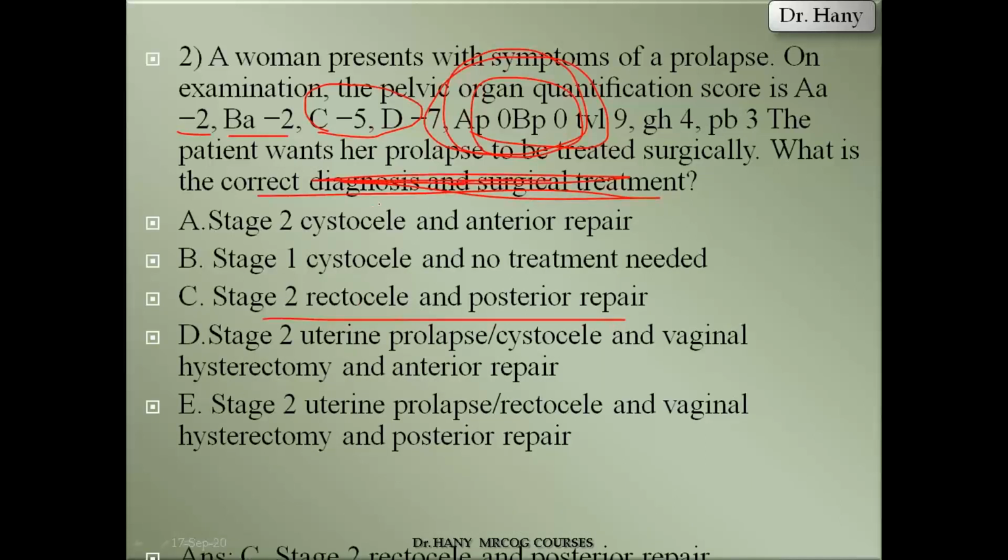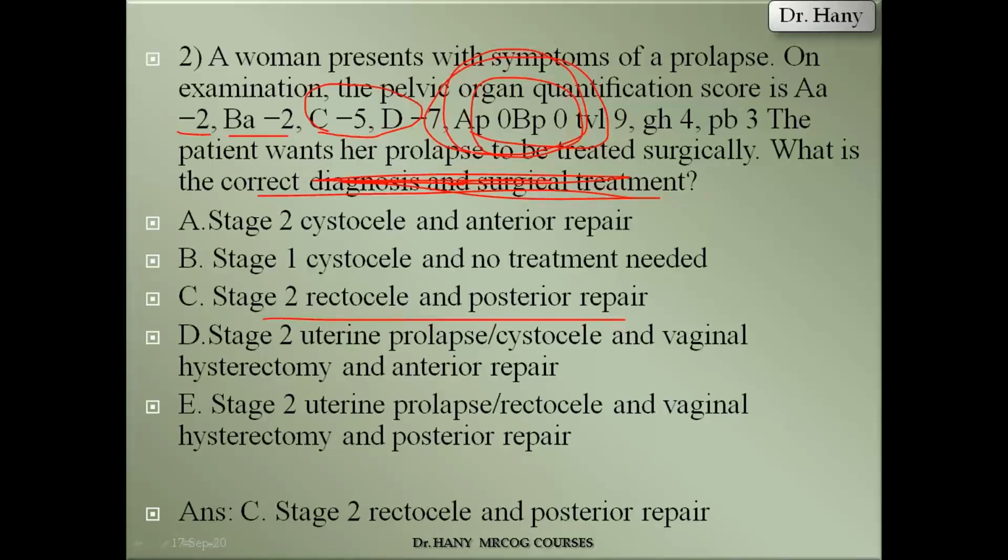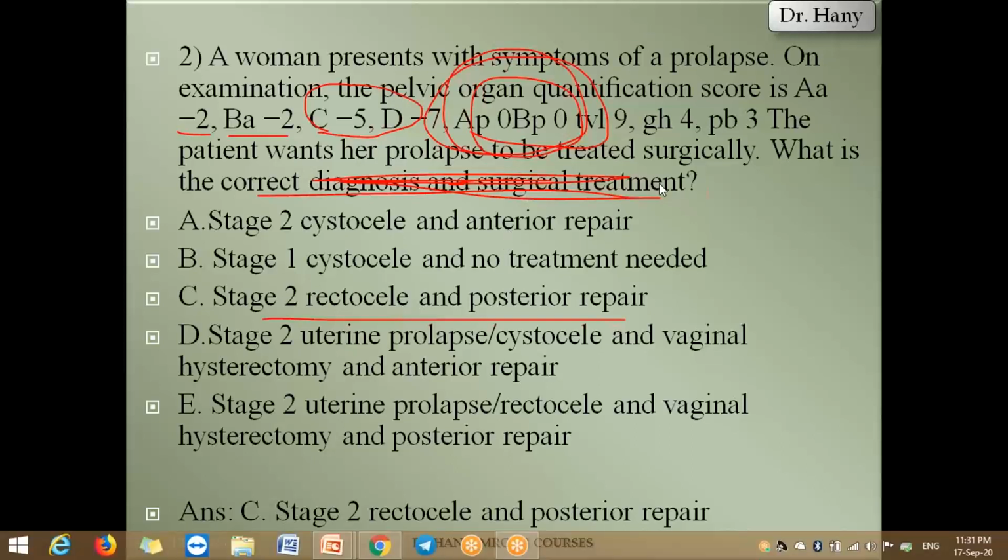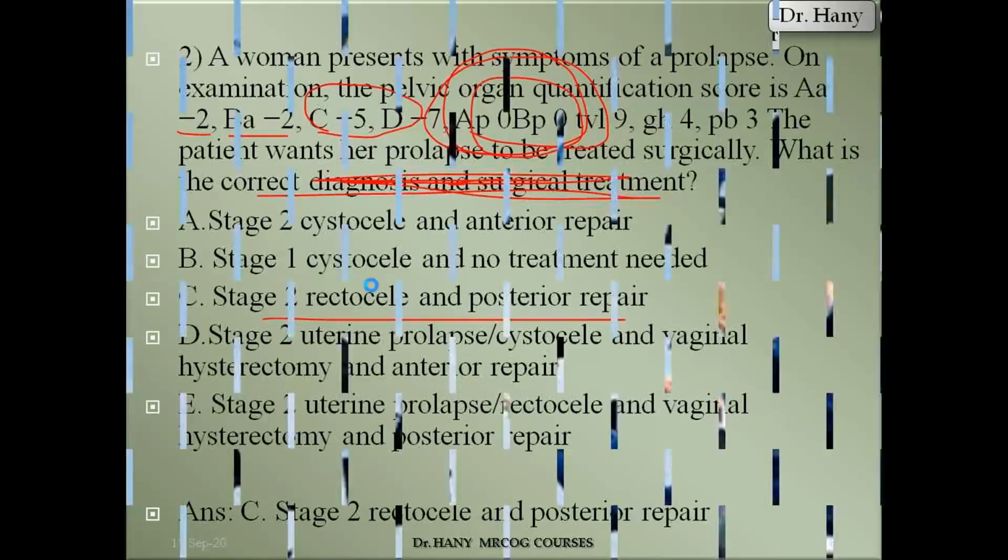But pelvic floor is valid in stage 1 and stage 2. After that, no pelvic floor. In stage 3, if you contract the pelvic floor, you will push the prolapsed part outside. So no pelvic floor muscle training or exercise in this.